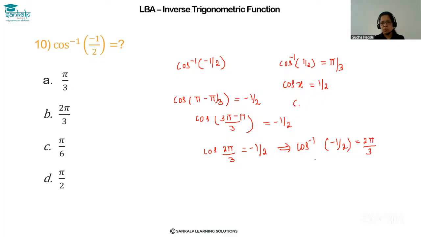So cos inverse of minus 1 by 2 is 2 pi by 3. Check the options. Option A pi by 3, option B 2 pi by 3, option C pi by 6, option D pi by 2. Therefore, option B 2 pi by 3 is the correct answer. It must be 2 pi by 3.